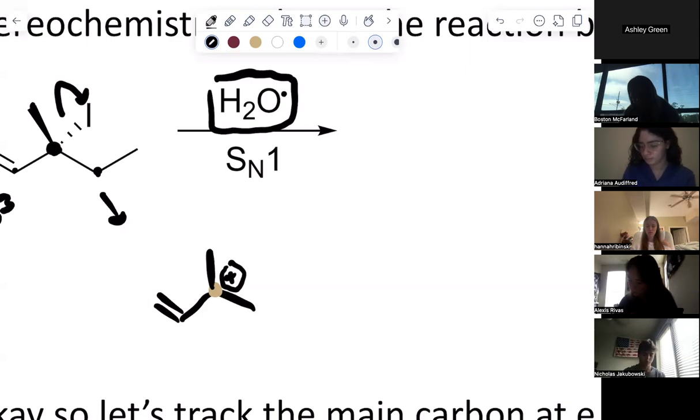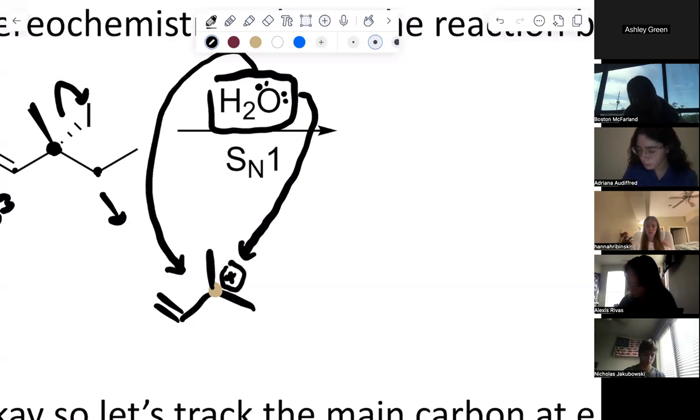So now, when the water comes in, it can come in from one side or it can come from the other.